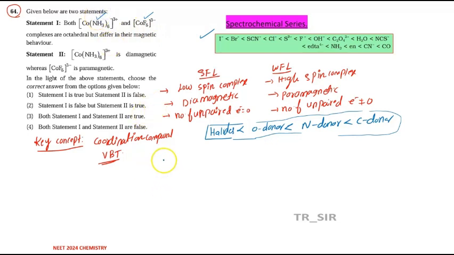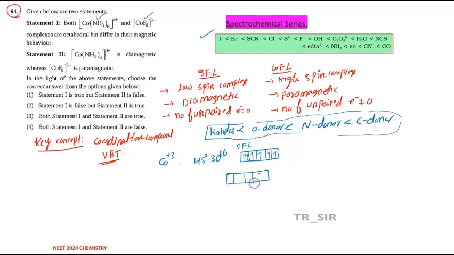That means when you write the VBT for cobalt, cobalt in the plus 3 state has 4s0, 3d6. Now when you draw the d orbitals, 1, 2, 3, 4, forced pairing takes place. We have 6 electrons available. Due to ammonia, a strong field ligand, we can do forced pairing, violating Hund's rule of maximum multiplicity.